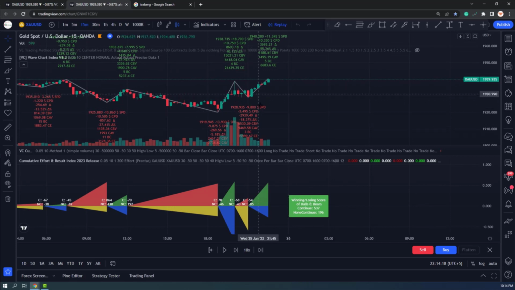Yes, you see here, these waves are all completed. The previous waves are completed, but this wave is not yet completed. So this is called the real-time wave.